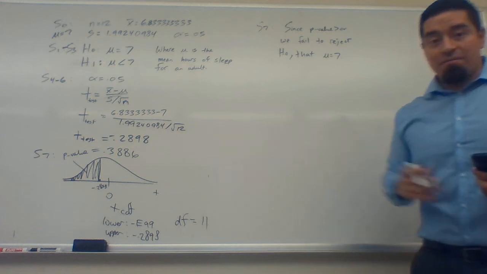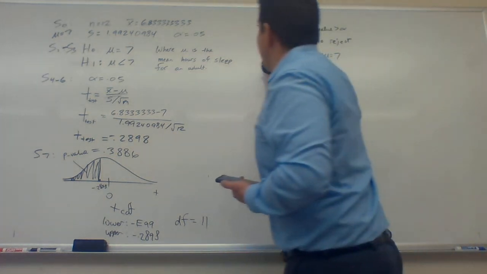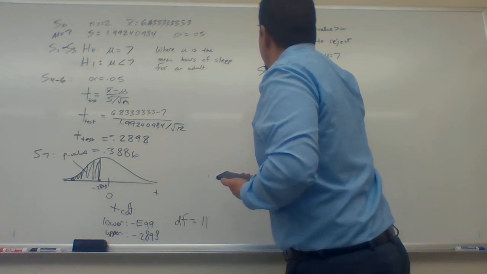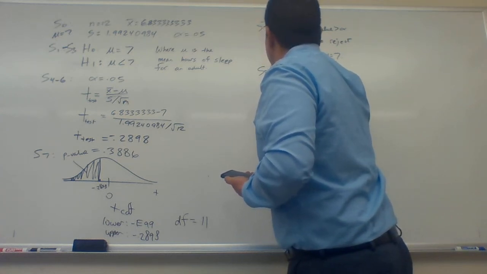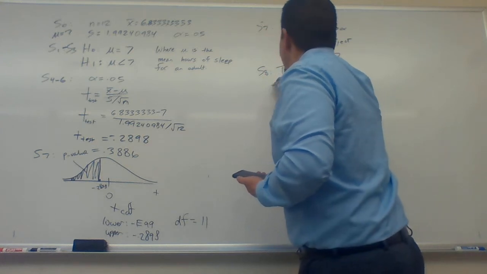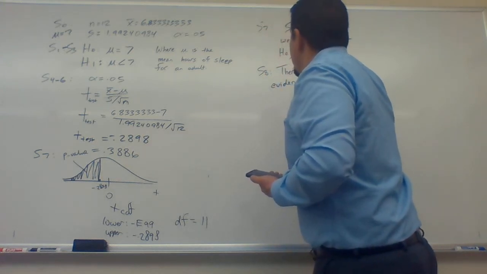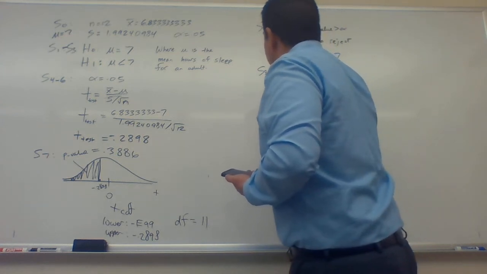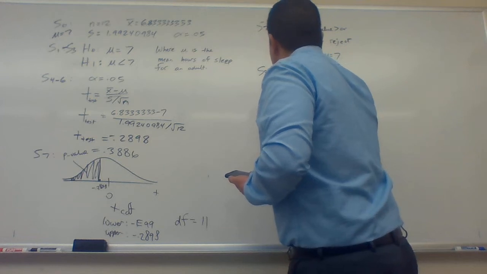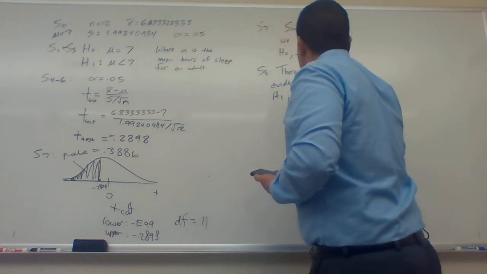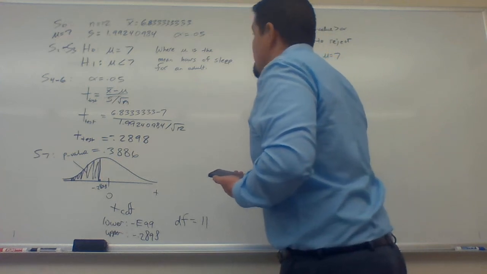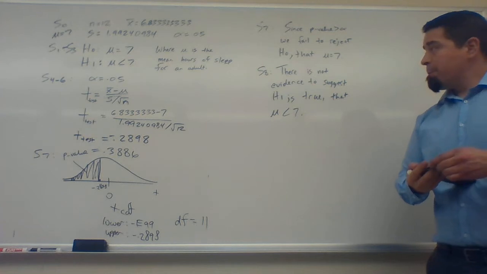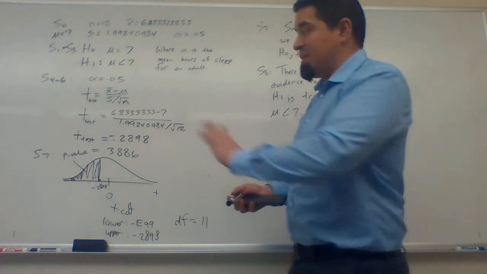So we weren't able to reject the null hypothesis, and so we'll make a statement about the alternative. There is not evidence to suggest the alternative hypothesis is true, that the mean number of sleep is less than 7 hours. So this is it. That's the p-value method.